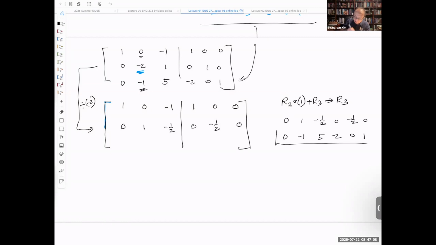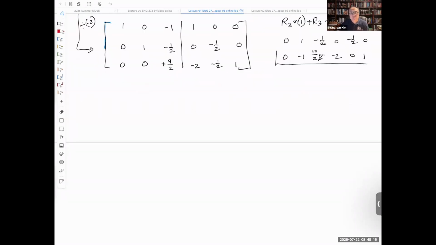When we add, we have 0, 0, and this is positive 10 over 2, so positive 9 over 2, and then negative 2, negative 1 over 2, and 1. So we are done with the first two columns, right?